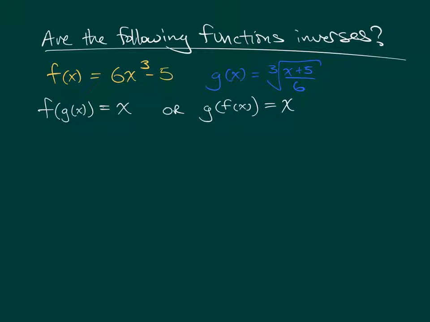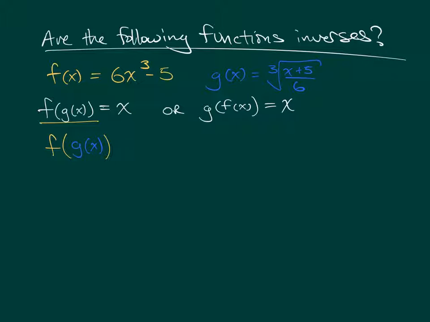So in order to do this, I am going to check f of g of x. This in its current form doesn't make a whole lot of sense. It would make more sense if we knew what to input for the function f.